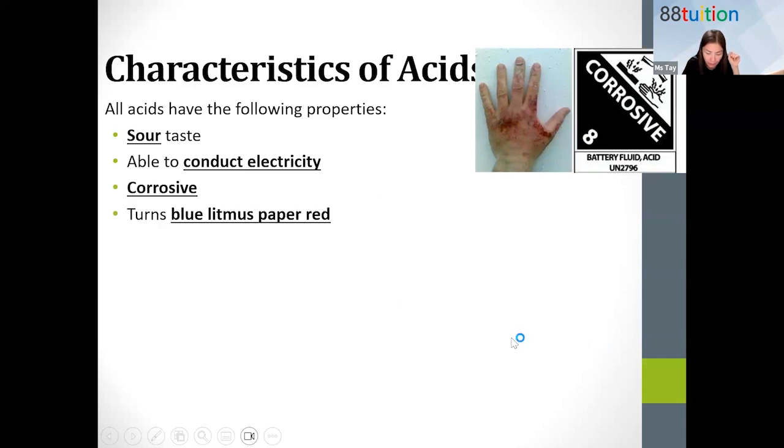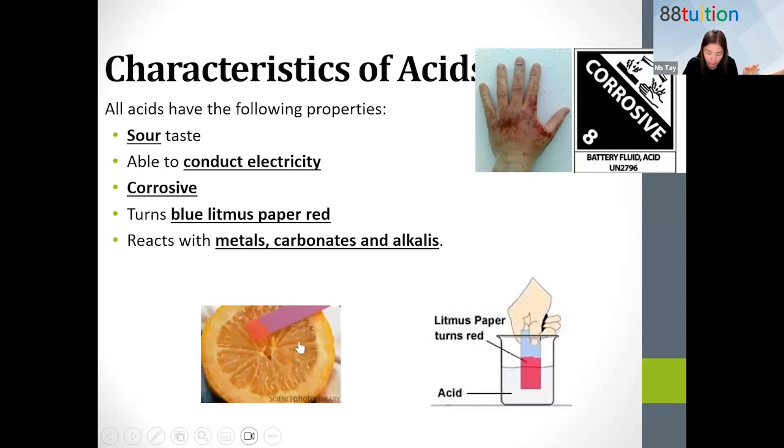They turn blue litmus paper red. Even though litmus paper looks pink in color, we call it red, we just standardize the term red. They react with metals, carbonates, and alkalis. These are just some diagrams representing their characteristics.